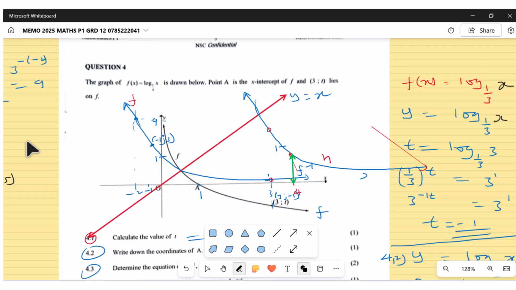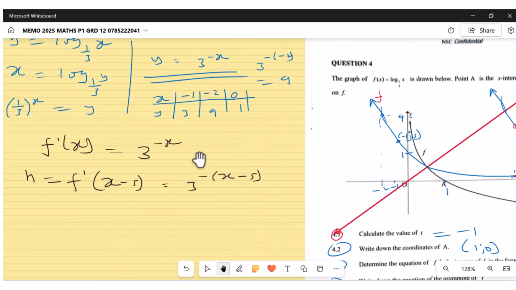So in other words, the y corresponding to this 4 here is 3. So this point is 4, 3. Here my y is 0, here my y equals 3. So I'm looking for this y value.